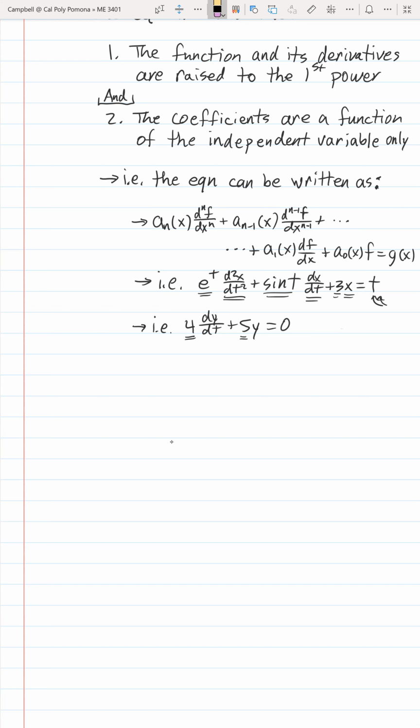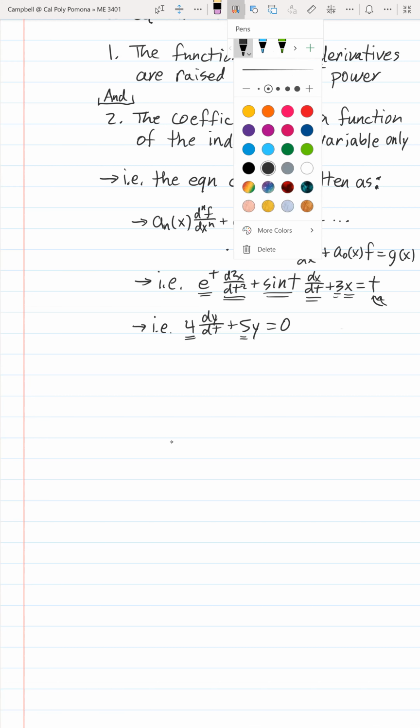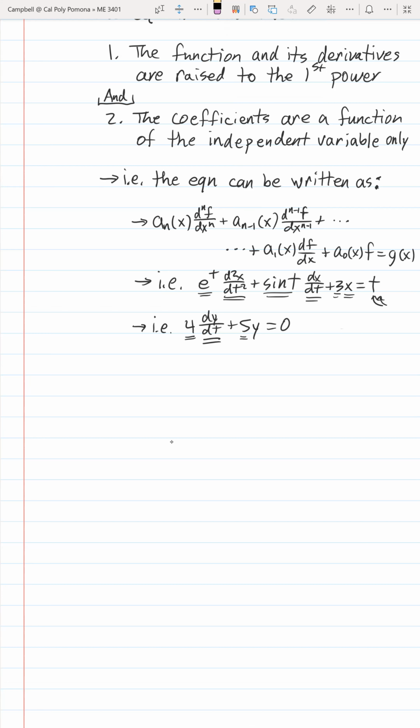And then, of course, those coefficients are multiplying instances of the function. And by instances, I mean the function itself or its derivatives. And so we can see that these are examples of linear differential equations.